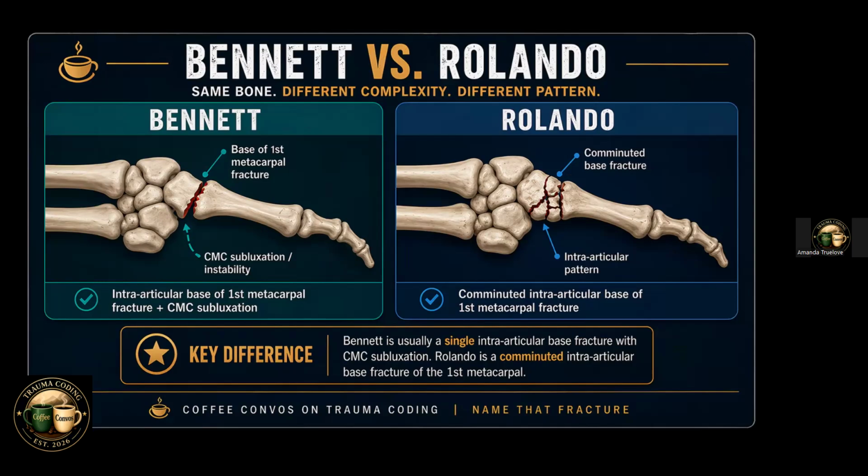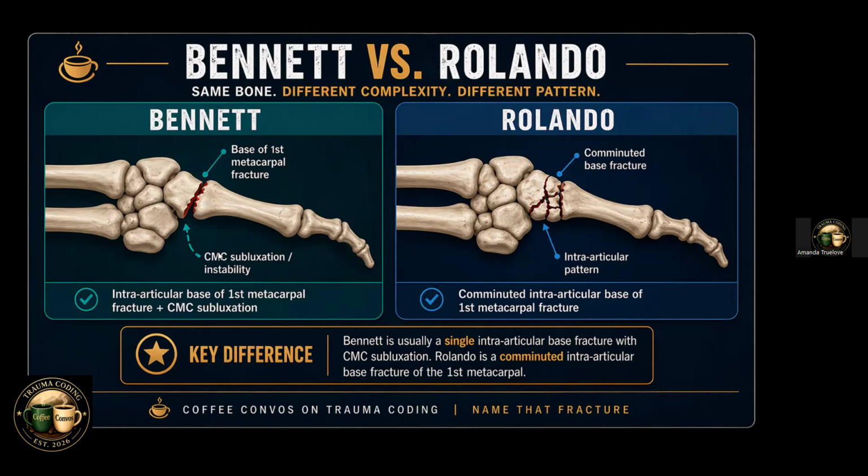So your Bennett is classically a simpler intra-articular pattern, whereas Rolando is that more comminuted intra-articular pattern. So your take-home sip would be that your Rolando fracture is a comminuted intra-articular base of that first metacarpal fracture, but the fracture complexity is what is going to absolutely set it apart from Bennett. That is your key difference. It's going to set it apart.